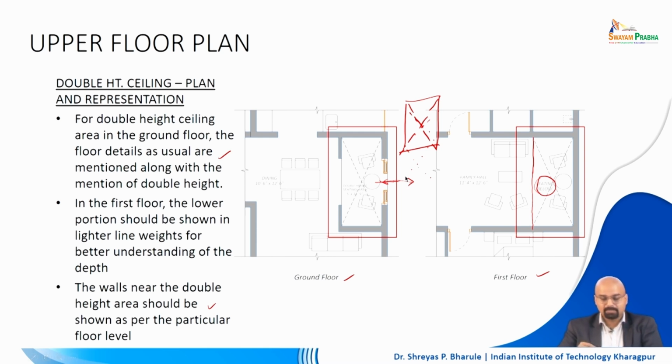But that luxury is not available on the upper floor. There is a wall there, so we cannot move out of the cutout and pass through the wall, right. A wall is a solid entity, so we represent it according to the floor level, right.